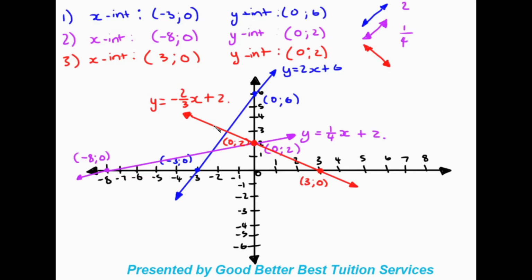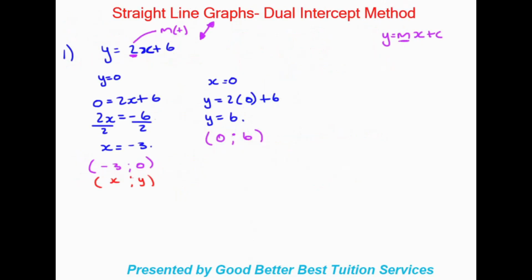So, very important things to note. Our first step is always going to be identifying that gradient. Moving back over to number 1, identifying that gradient tells us what we are going to be doing with the graph. A positive gradient is heading in this direction. A negative gradient is heading in the opposite direction. Then we're going to solve for the x-intercept, making y equal to 0.